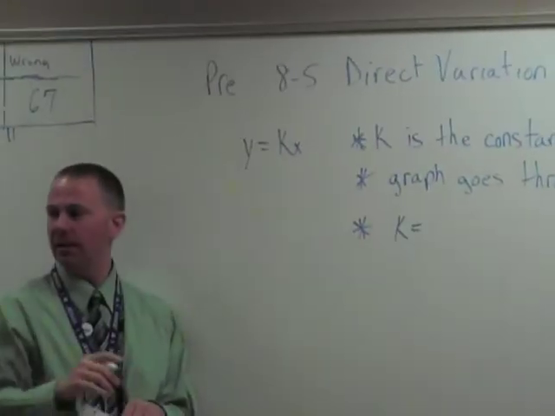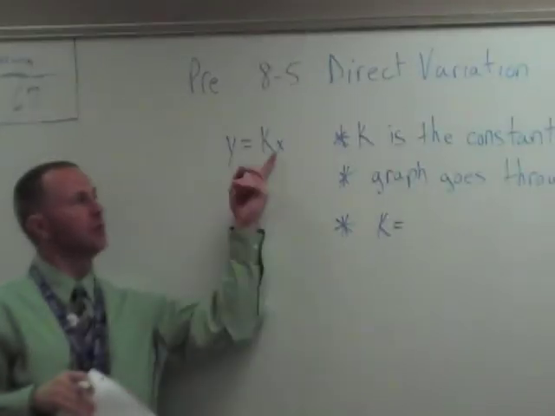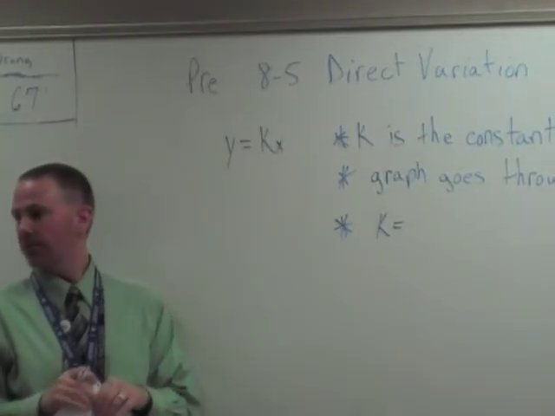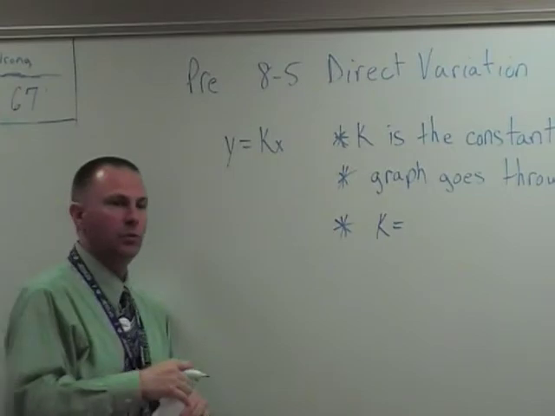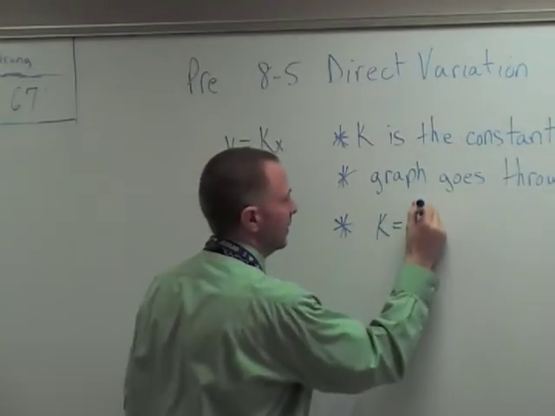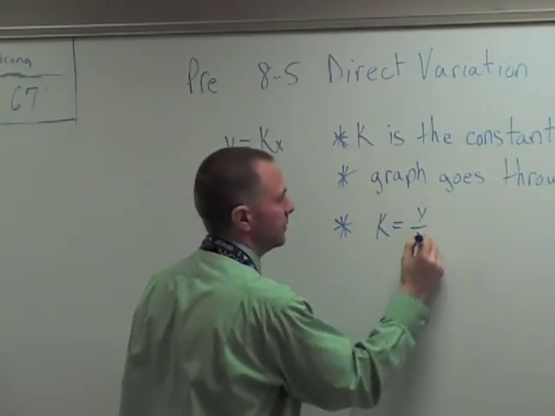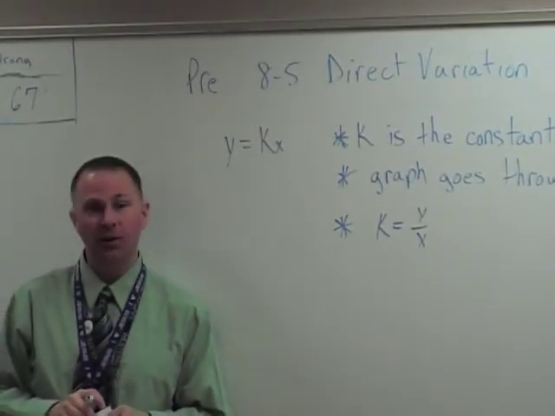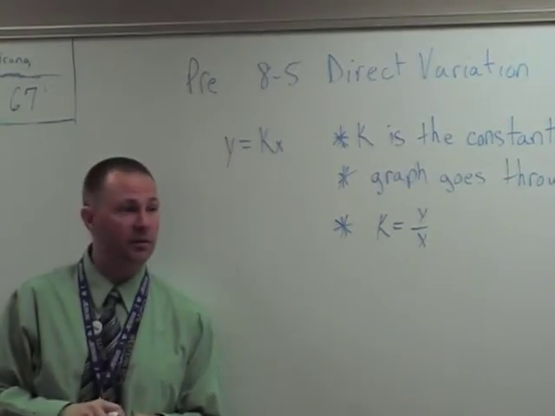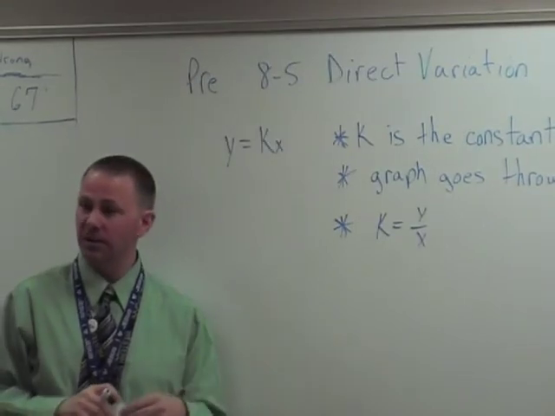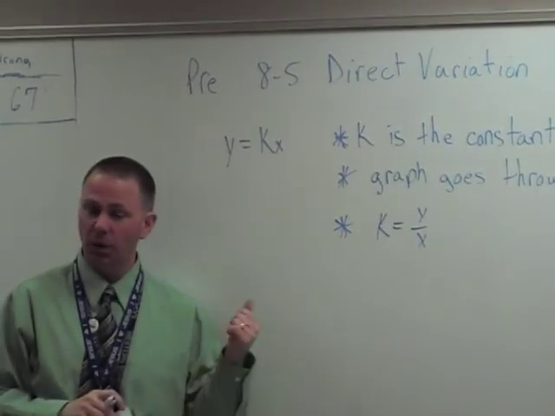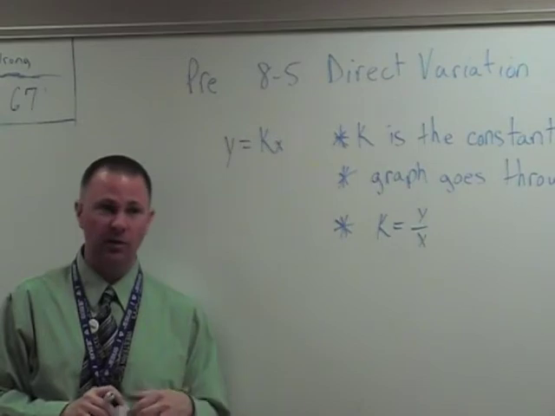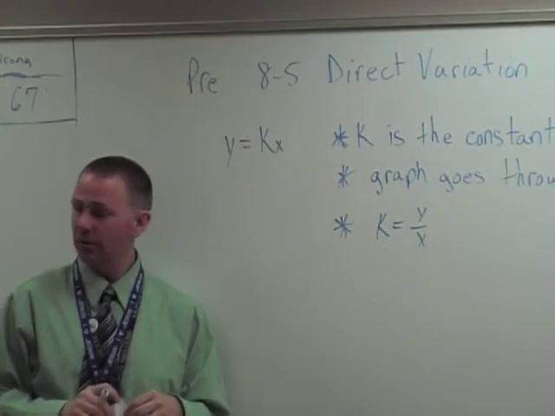How would I get k by itself? How do I get rid of the x? Yeah, so you would have y over x. So all you need to do to find k is find a point on your graph, or whatever coordinate is given, and put the y over the x. And that is your slope.